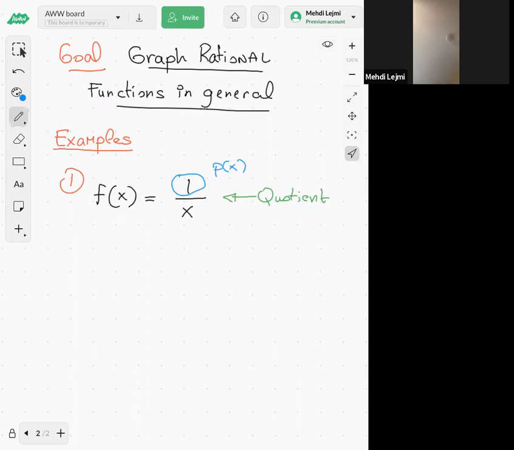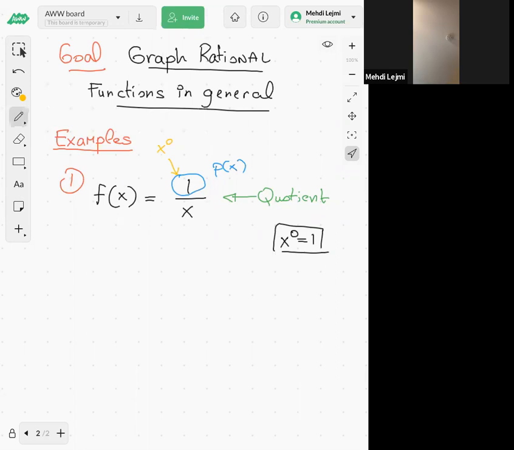Remember, we said x to the power 0 is equal to 1. So this one here is actually x to the power 0. So p of x is of degree 0 because the highest power of x is 0.